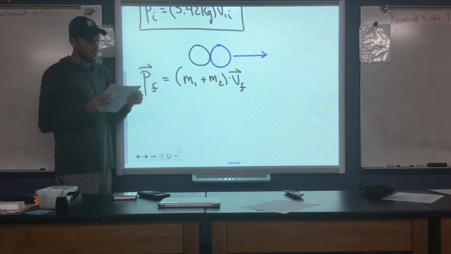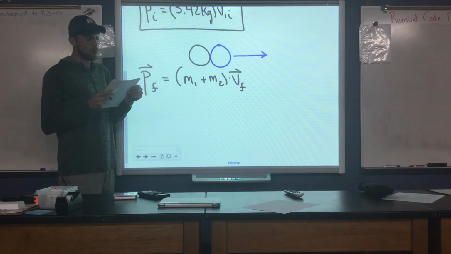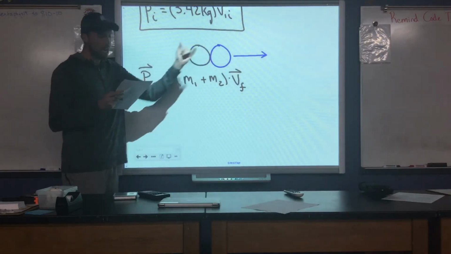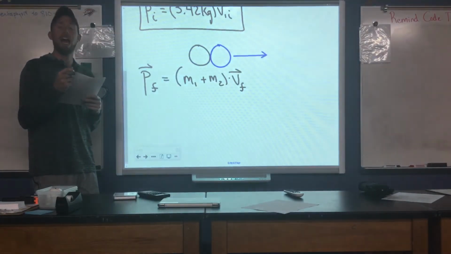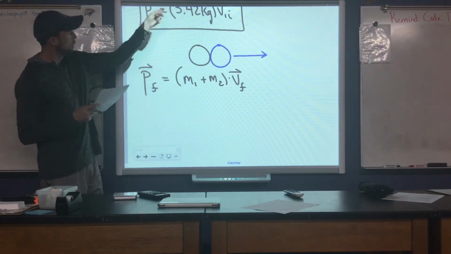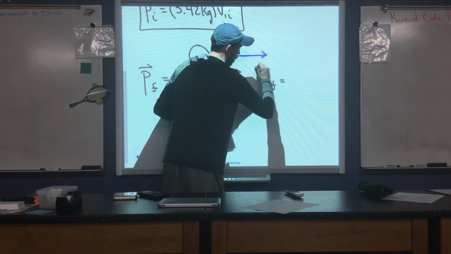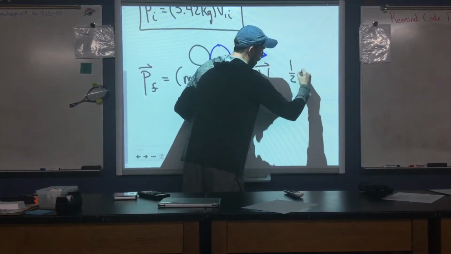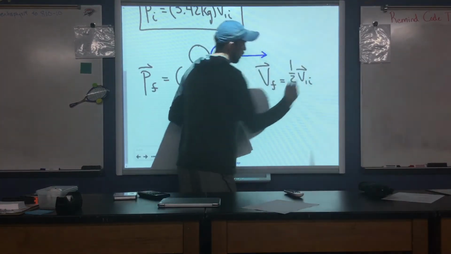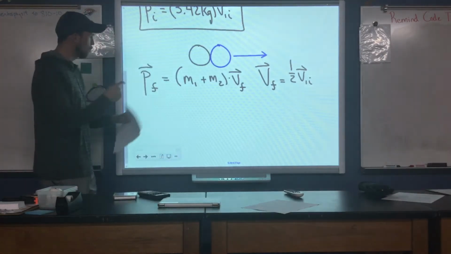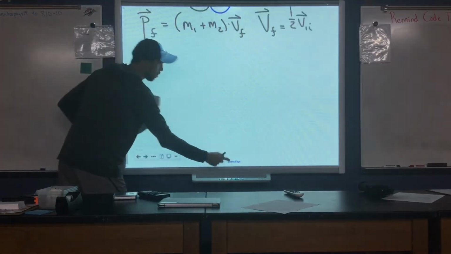Now we are told one thing. The speed of the objects after the collision is equal to 1/2 the original speed of ball number 1. So here's what that means. The final velocity of the objects together is equal to 1/2 the initial velocity of object 1. So now I'm going to rewrite the momentum equation this way.